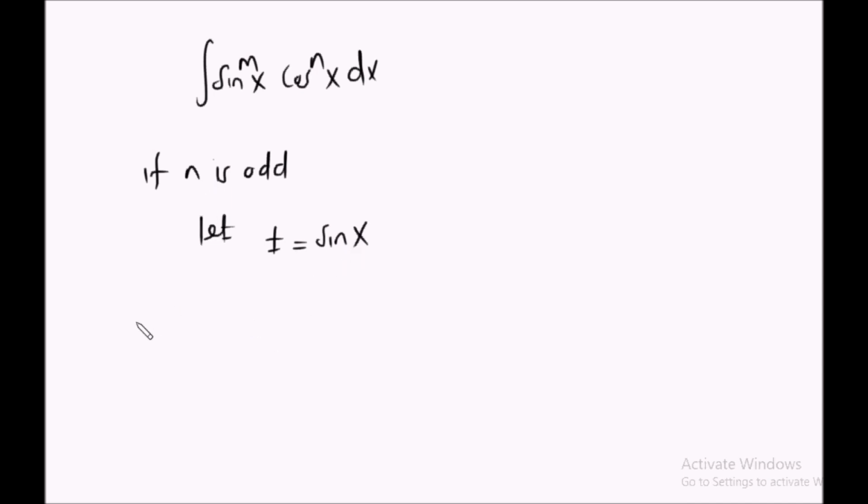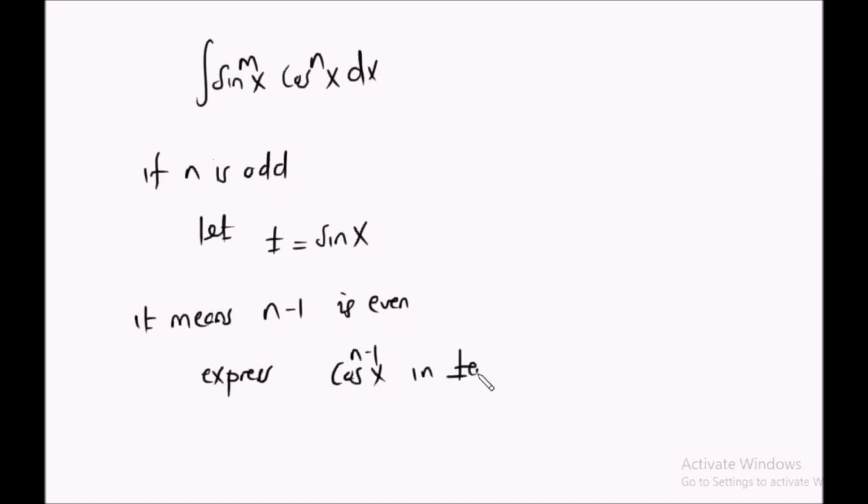If n is odd, it means n minus 1 is even, so you're also going to express cos of x power n minus 1 in terms of sin x. How are you going to do this? By using the same identity. Again, I'm going to do an example of this type in the coming tutorial, so watch the next tutorial after this one.